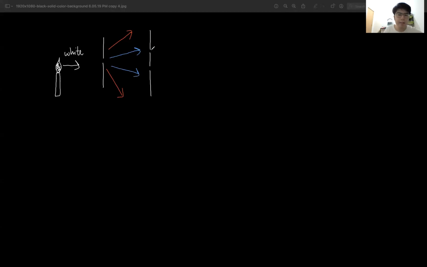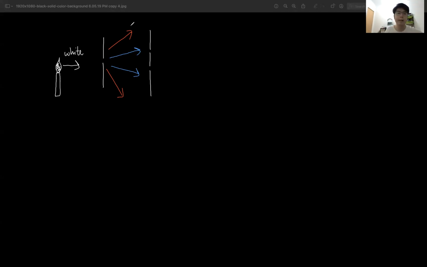And for this double slit, the slit size is almost the same size as the blue wavelength, the blue light. The wavelength of the blue is approximately the same size as the slit size. It's not exactly the same, but it's a comparable size. So that means only the blue can diffract through the double slit.